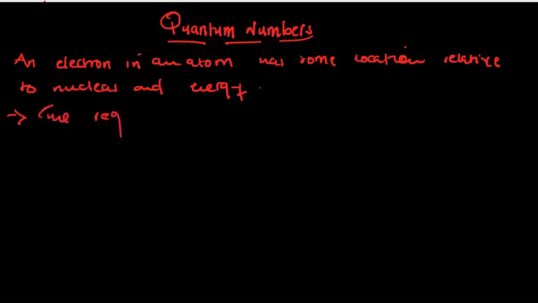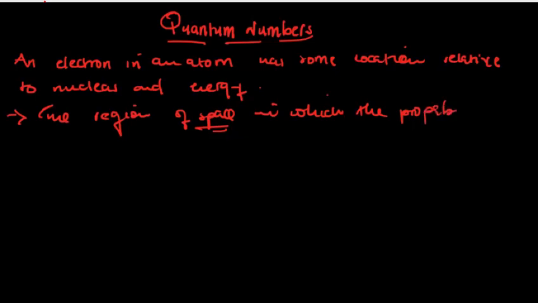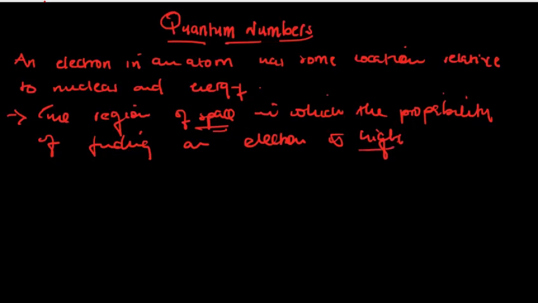So the region of space in which the probability of finding an electron is high is called an orbital.